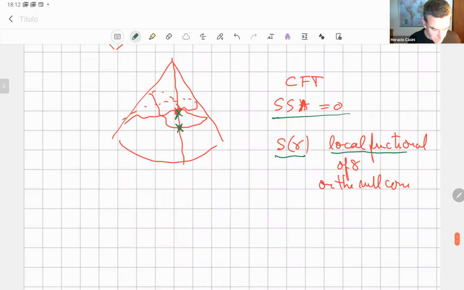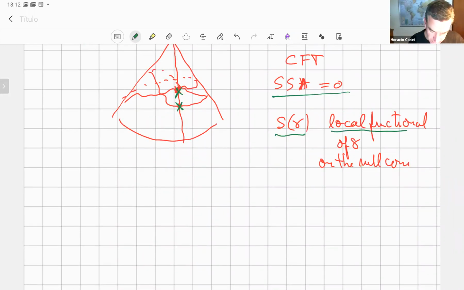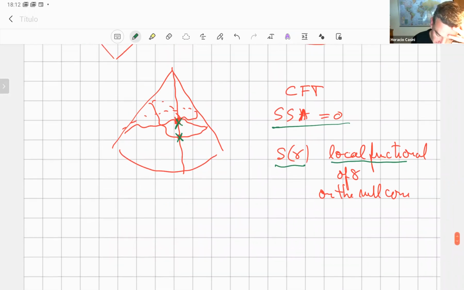Well, but then we are in the position that we were wanting, because we have some geometric shapes that are all curves on the null cone. For a CFT, strong subadditivity equals 0. So what we have to do now is just apply this to theories that are non-conformal, a quantum field theory.